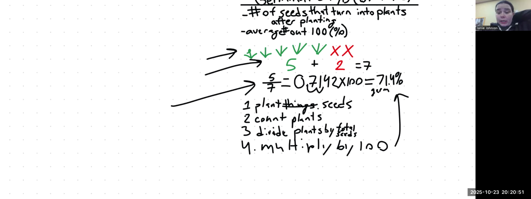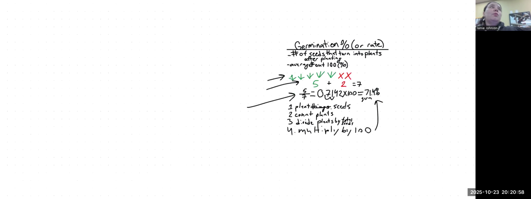So that's how we calculate it, if we're going to go the way the company is going about calculating it. So why is that important for us to know? It's important because we need to know this math in order to go backwards in the math and figure out how many seeds we need.